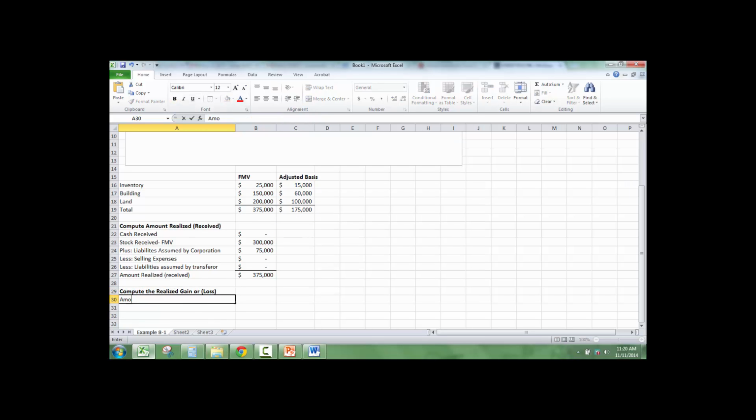And that is amount realized or received, which we just calculated, less adjusted tax basis in property transferred.